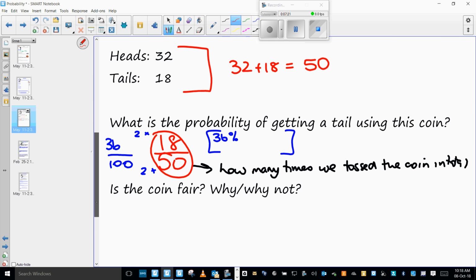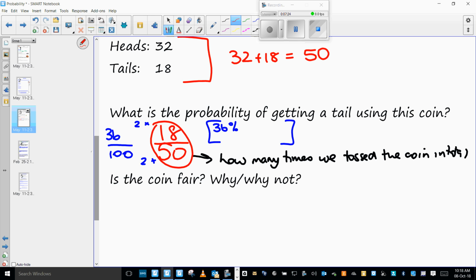Why is it less likely that she's going to get it? Because it's only 36% or 18 over 50, and the other one is 32 over 50, and 32 plus 32 is 64. 64 and 36, you kind of want the higher numbers. You should be offering Madison more money because there's a less likely chance she's going to get it.